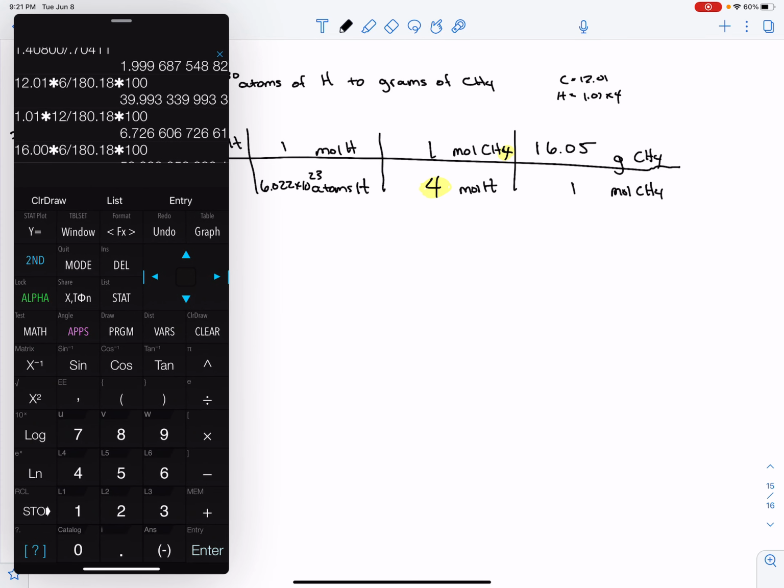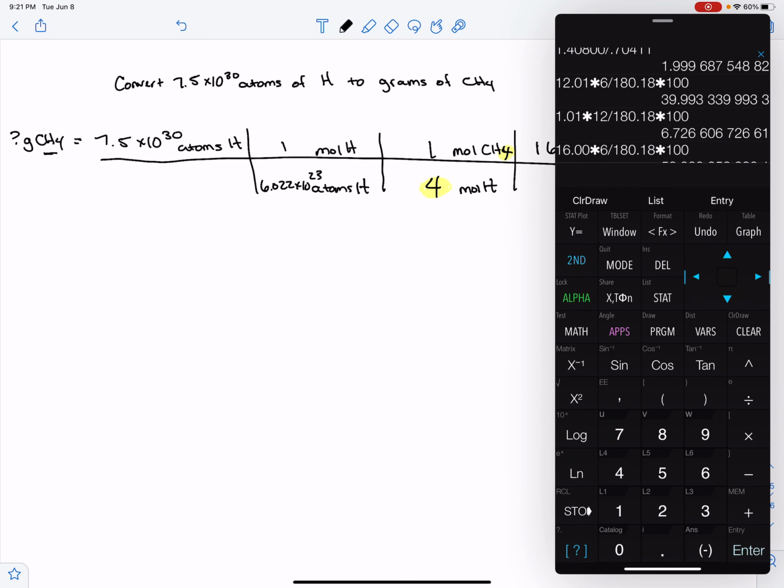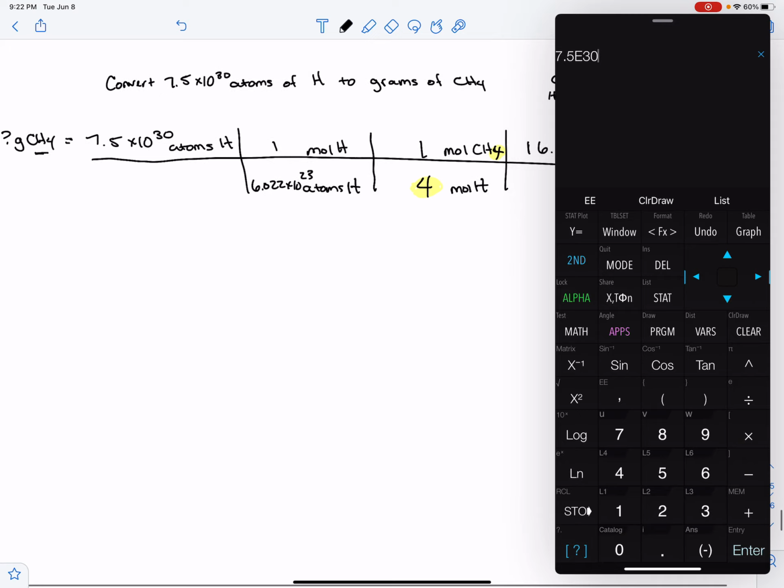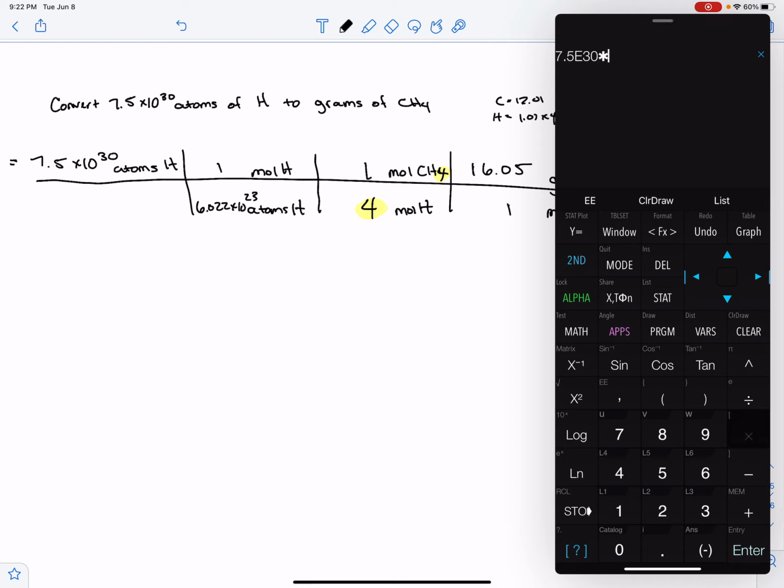And then I'm going to just put this in my calculator. 7.5. I'm going to use my E key of 30, and I'm going across the top. 30 times, and over there I've got my 16.05 grams, and then divided by 6.022, use that E key, 23. Now this 4 is on the bottom.